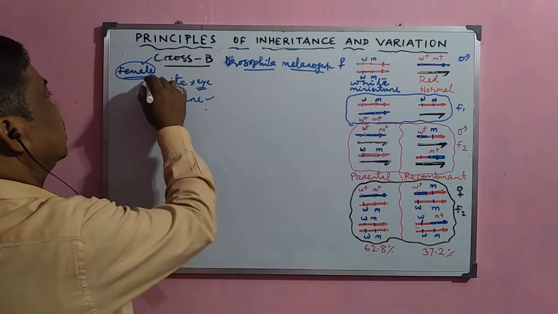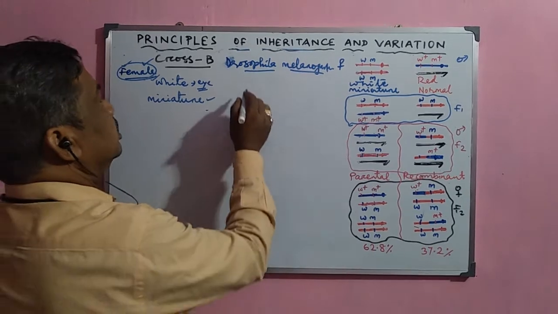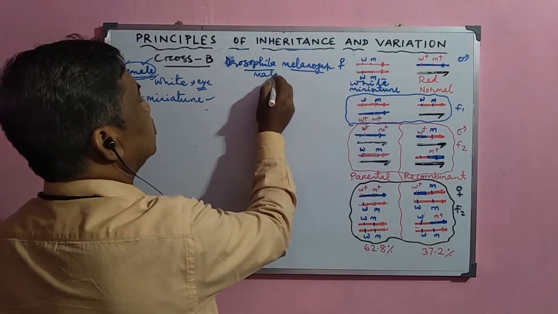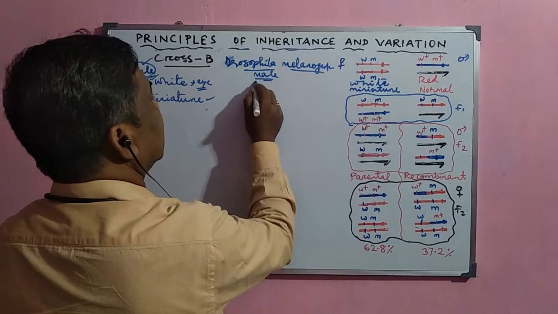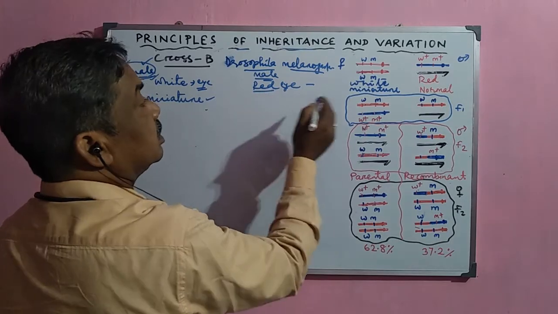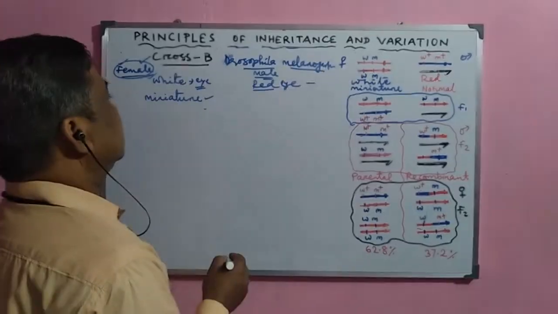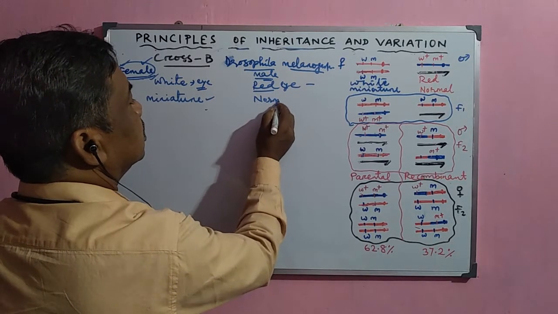So both recessive types were there in case of female organism. But in case of males, he took the males having red eye color, and side by side normal wing.